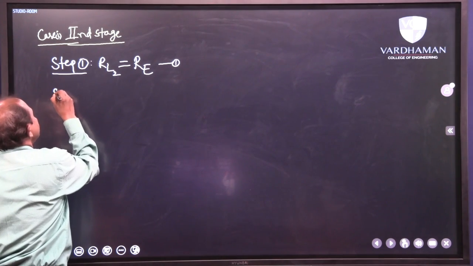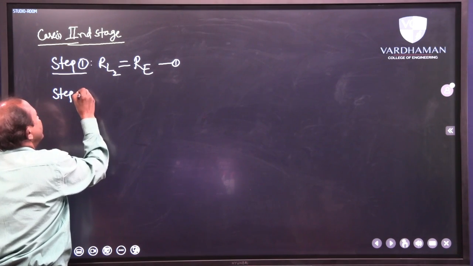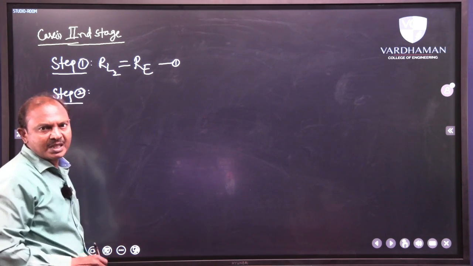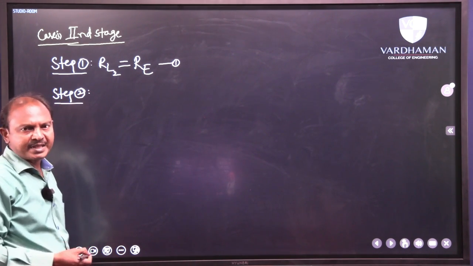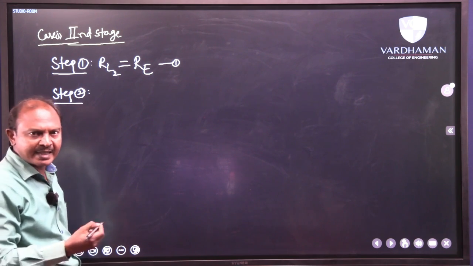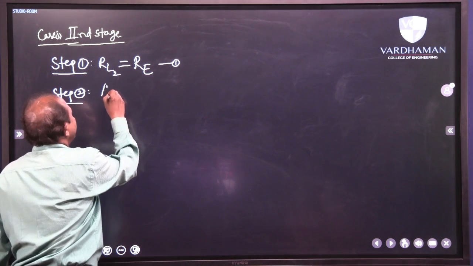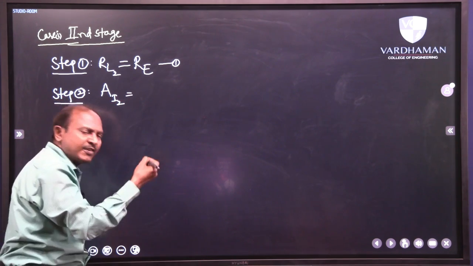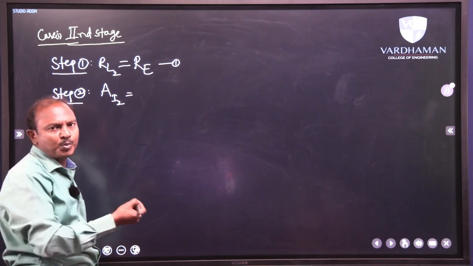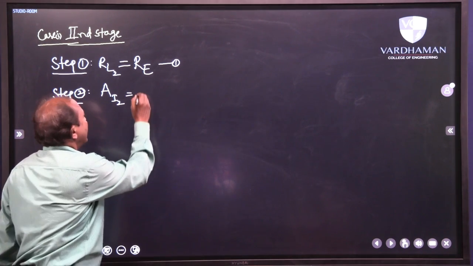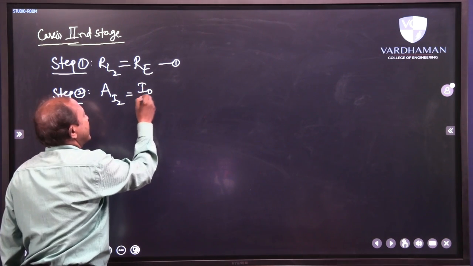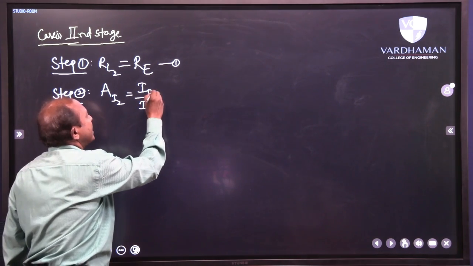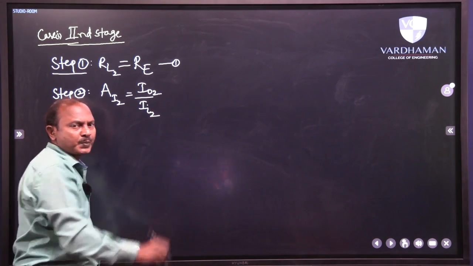Once you estimate load resistance in any amplifier circuit, you are in a position to estimate current gain. So, current gain of the second stage. What is the general formula for current gain in any amplifier? Output current by input current. So I naught by II is the formula. As you are talking about the second stage, you write it as I naught 2 by II2.